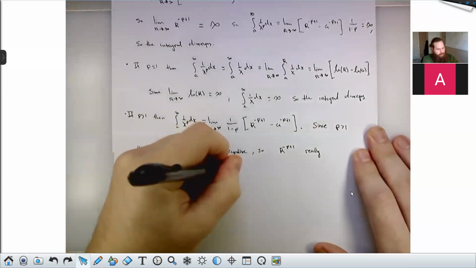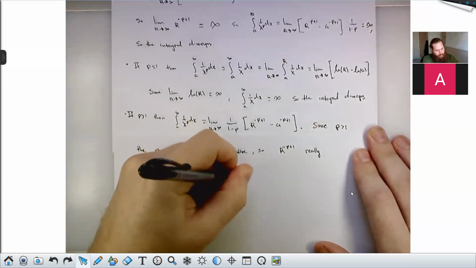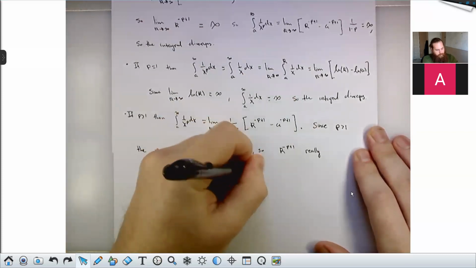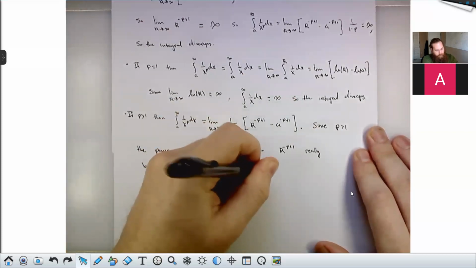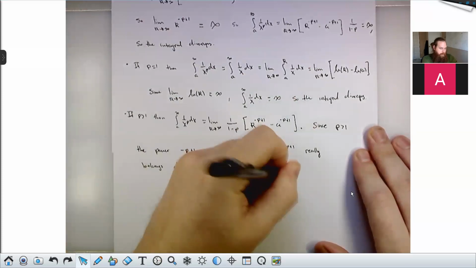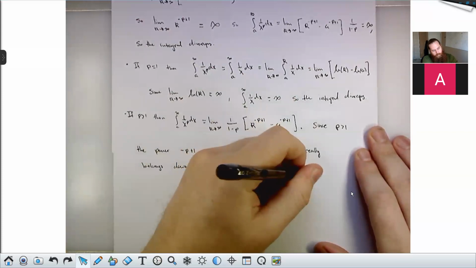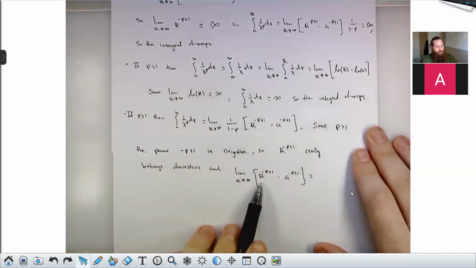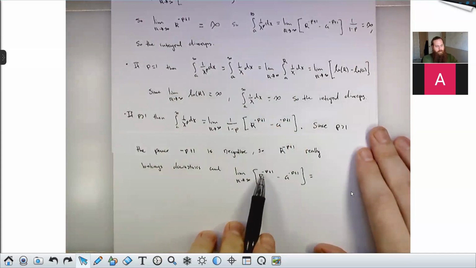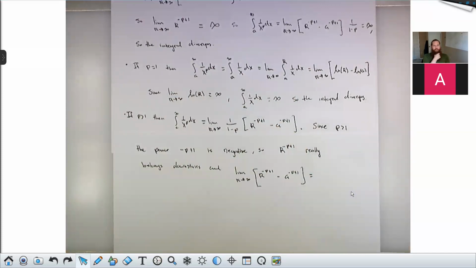And the limit as r goes to infinity of r to the negative p plus 1 minus a to the negative p plus 1 is equal to, what does this piece do as r goes to infinity if this power is negative? Like 1 over r squared, 1 over r cubed, what do those do as r goes to infinity?